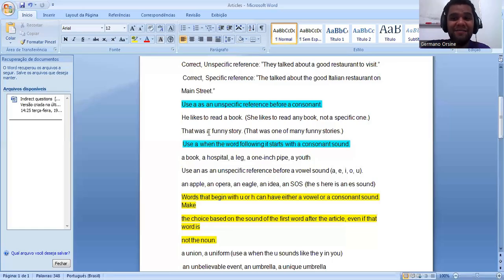You see, that's why we have to use a instead of an. A funny story. Again, we don't have any information about the story, so it's general, not specific. That's why we have to use the indefinite article again.